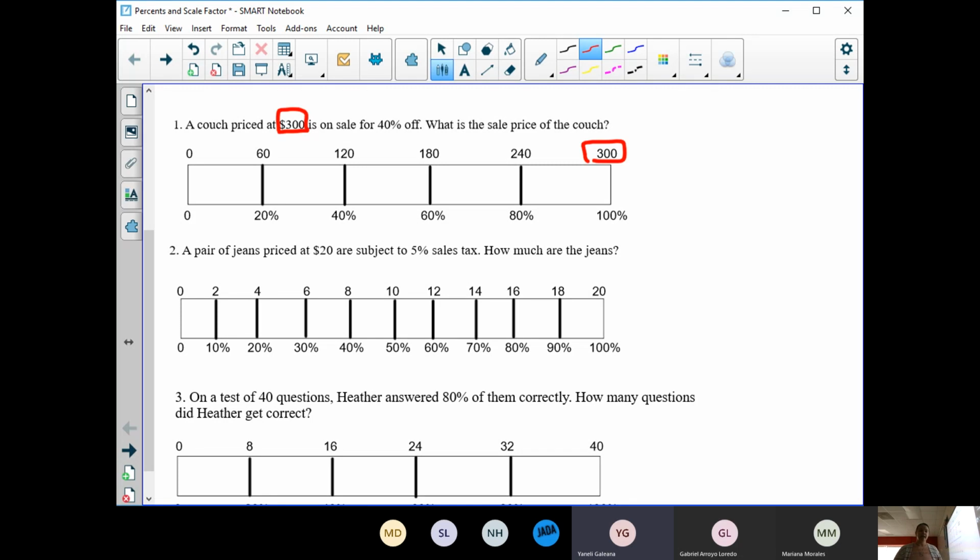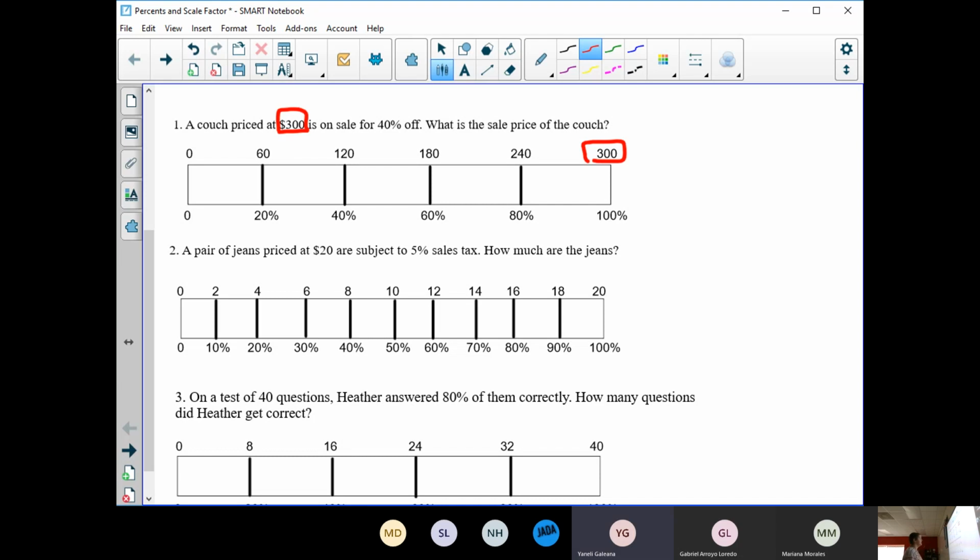And now I have to decide how I'm going to divide up my bar model. I could divide it into chunks of 10, because I know that 10 divides evenly into 100. I choose to go chunks of 20. I could do 25, whatever makes the most sense for me.